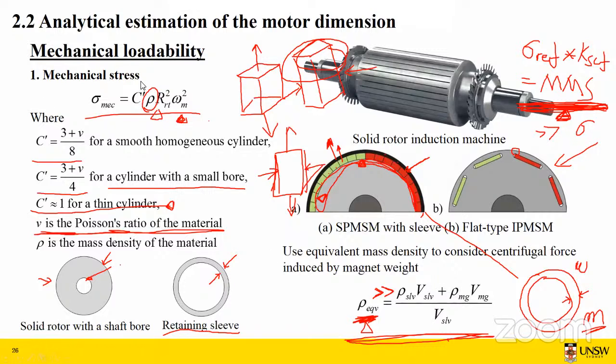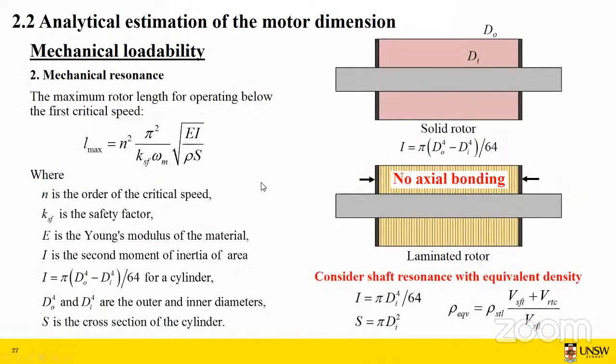So this is how we estimate the mechanical stress. Next is how to consider the mechanical resonance at the initial stage of machine design. This is the equation that can be used to estimate the maximum rotor length for the motor to operate below its first critical speed.